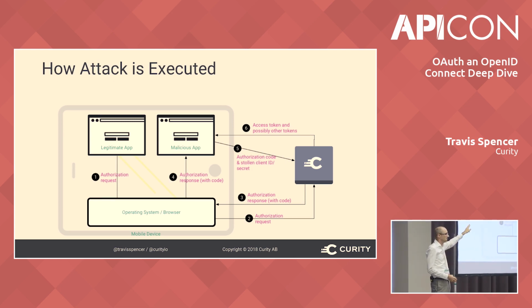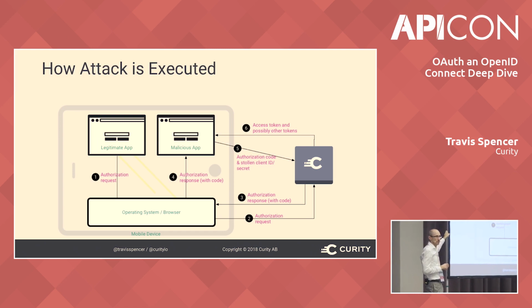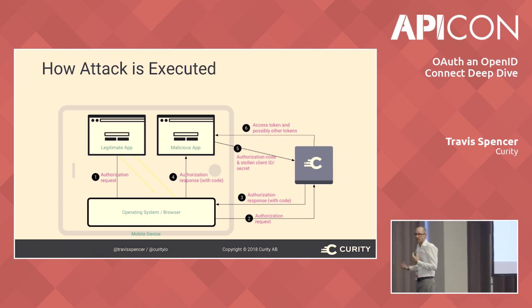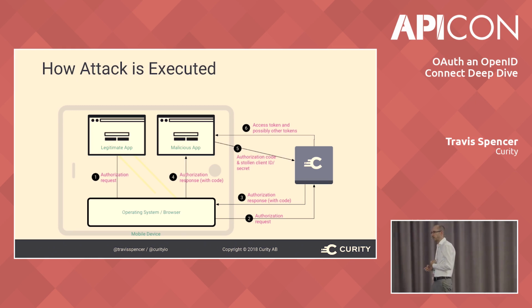The malicious application takes the client ID and secret that it's intercepted, and it redeems the authorization code. Since it's a bearer token, so to say, it now gets an access token that allows it to call APIs as the actual legitimate client, as the actual user. Okay? So we want to make sure that that's not possible to do.